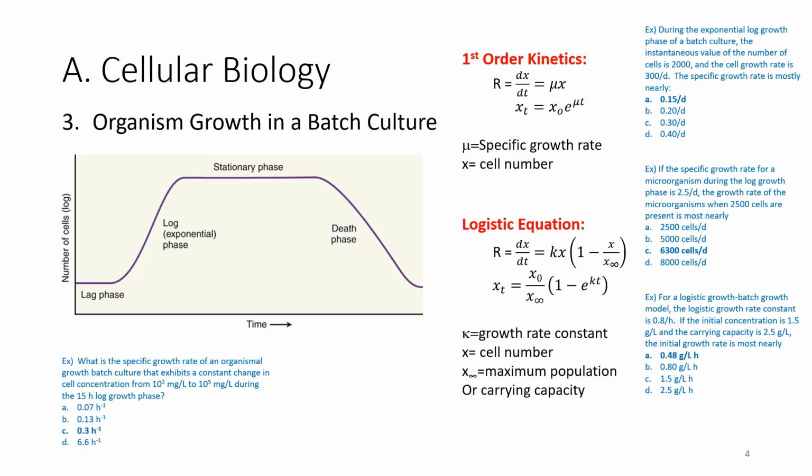Both the first-order kinetics and the logistic equation are used to model the bacterial growth curve. You want to familiarize yourself with the equations and the meanings of the symbols in the equations so you can perform the calculations shown on this slide.